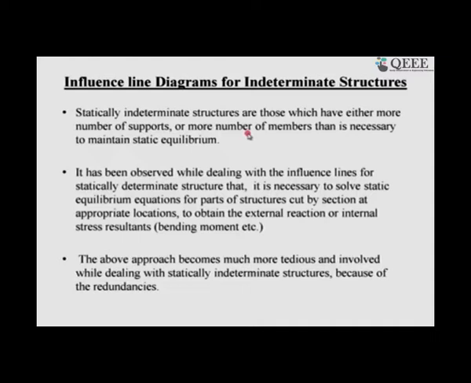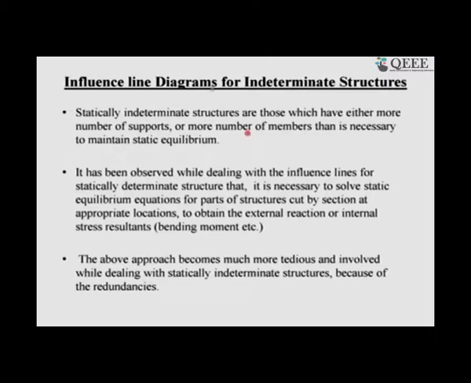Or sometimes they are both, that you can neither solve for the external reactions nor the internal stress resultants, unless there is specific information obtained from the deformation of the structure. So, this is statical indeterminacy.